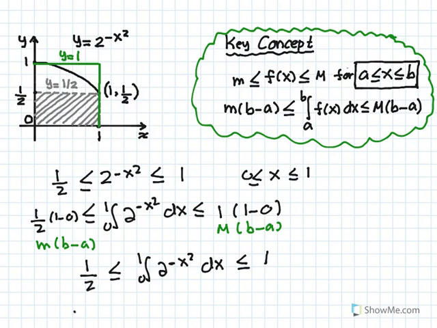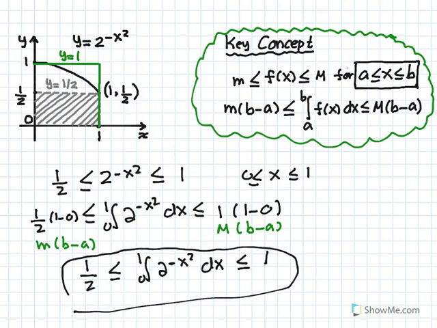We can estimate that the value of this definite integral is less than or equal to 1 and larger or equal to 1/2. Now, you may ask, can this integral from 0 to 1 of 2 to the minus x squared dx be evaluated exactly? Well, the answer is no. We can't compute this exactly.